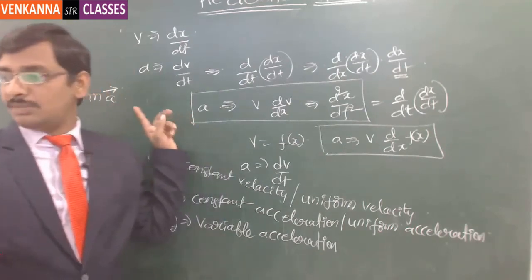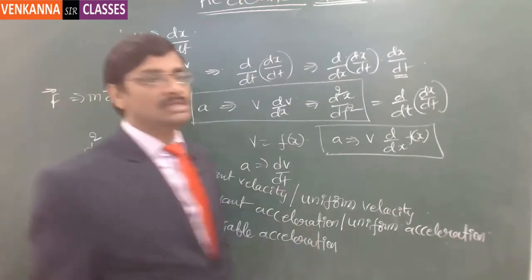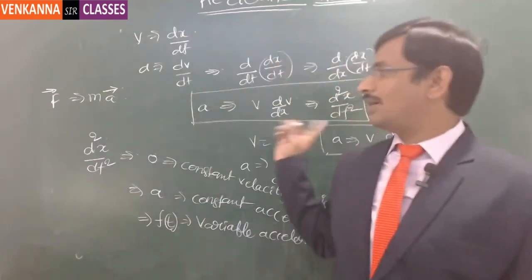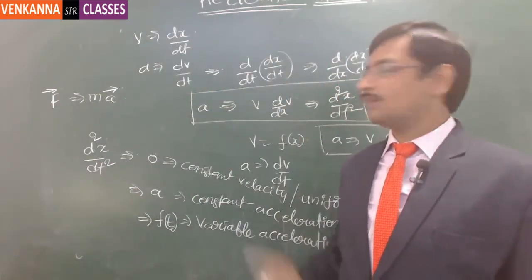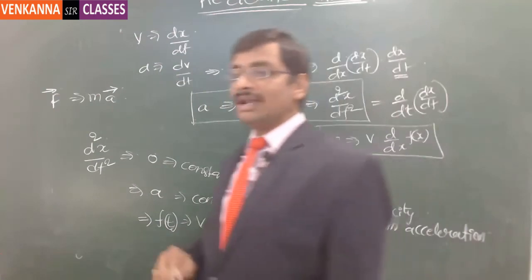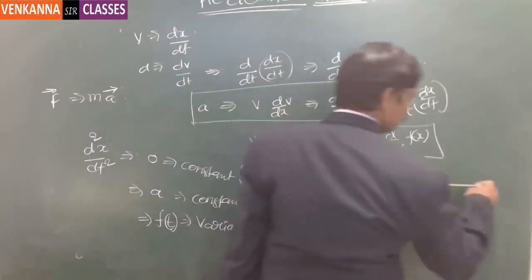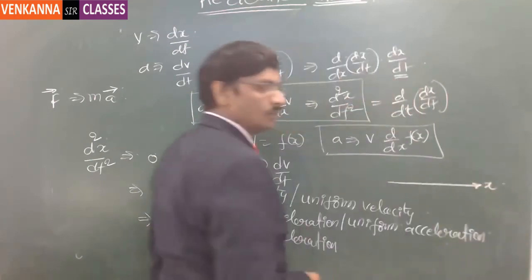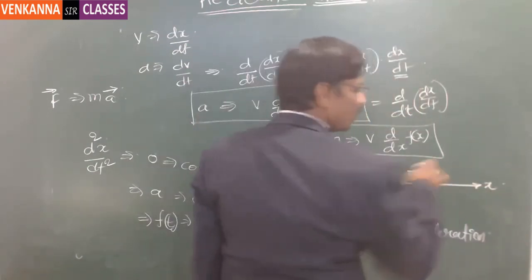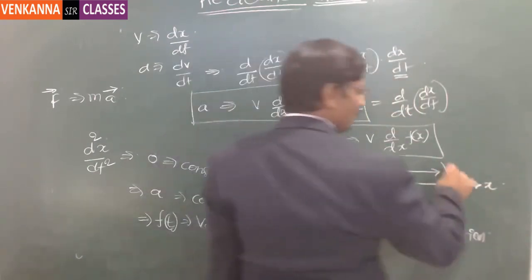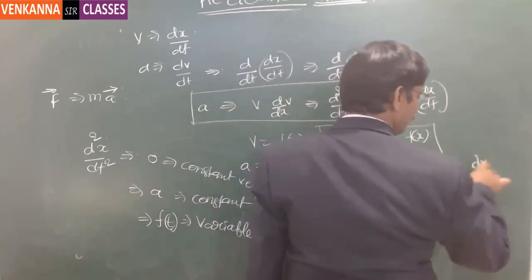So this may be a function of time also. This is a three-dimensional vector also, but now we are treating it as a single-dimensional vector, because we are treating only rectilinear motion. In rectilinear motion, this is the x direction. If the particle is moving in the positive direction of x, the velocity is treated as dx by dt.